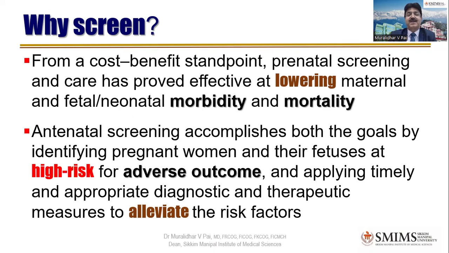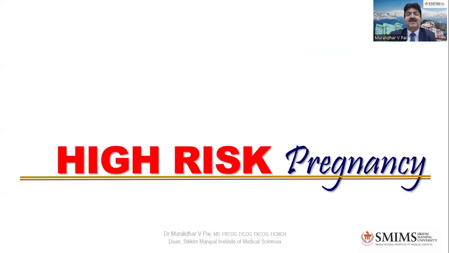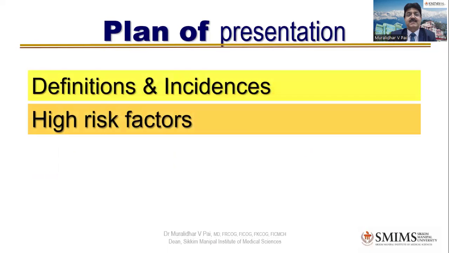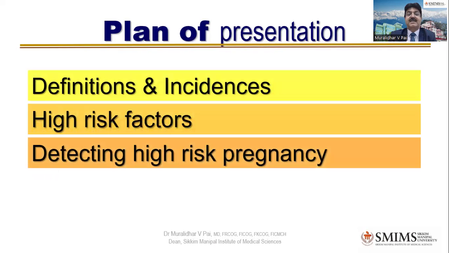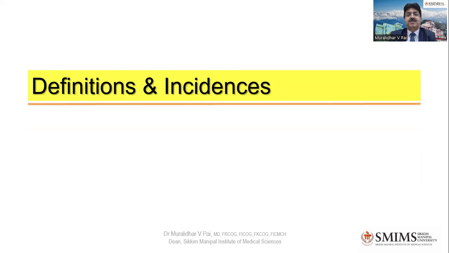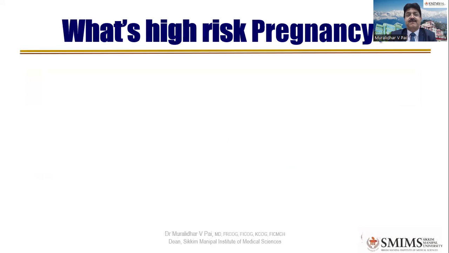So with this much of introduction, let's look at what is high-risk pregnancy. I would be talking on definitions and incidences, then high-risk factors, detecting high-risk pregnancy, and finally, detecting specific diseases like diabetes, preeclampsia, etc. So first things first, definition.